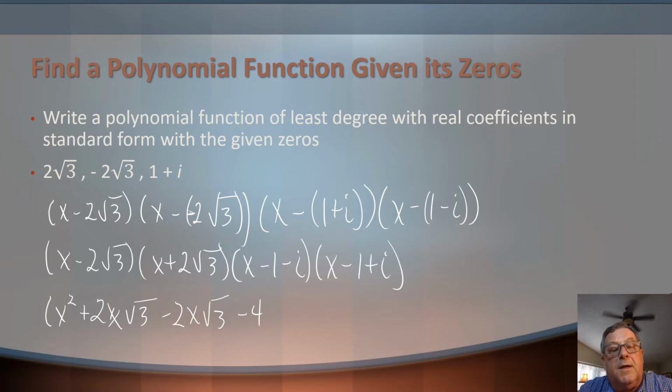And the square root of 3 times the square root of 3 is 3. So this is going to be negative 4 times 3. Let's combine like terms. So then this is going to yield x squared minus 12. The plus 2x square root of 3 and the minus 2x square root of 3 is going to cancel. And I think we better move to the next slide.